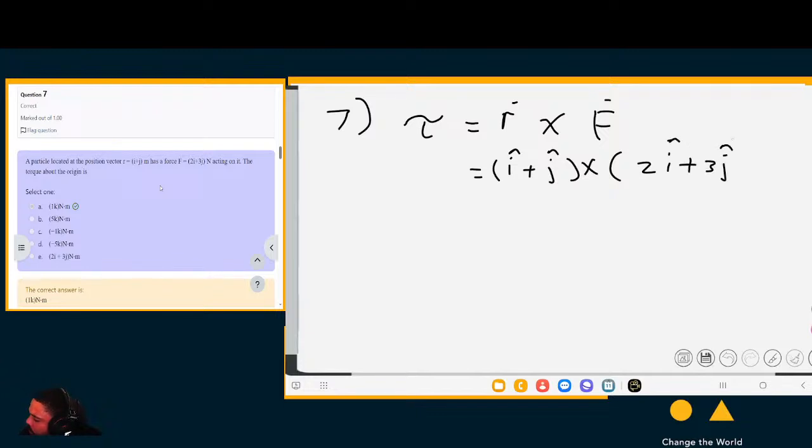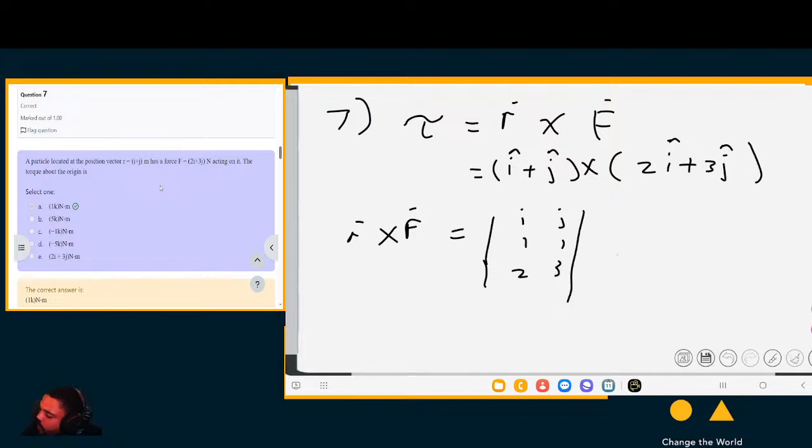Okay? This is the cross product of vectors, and of course you know that for r cross F, two vectors crossed, you will find its determinant. So this will be i hat and j hat. Then of course we write the first vector as 1 and 1, while the second vector is 2 and 3.